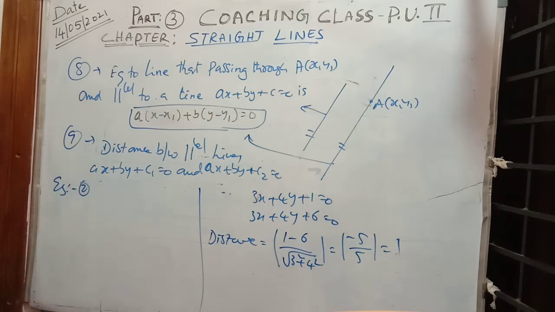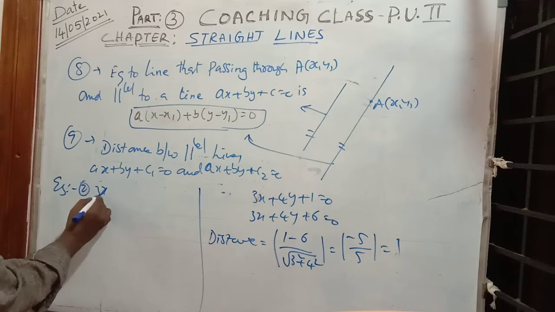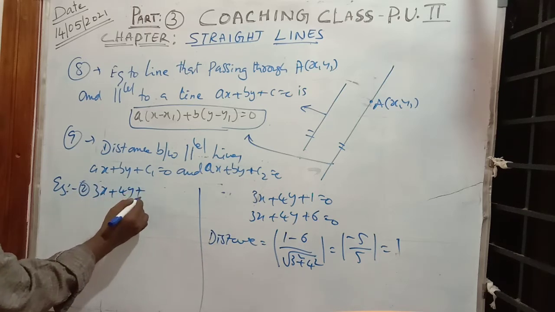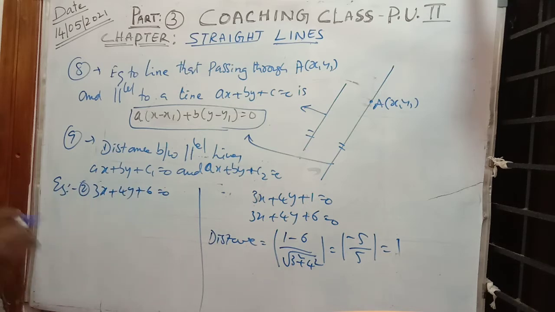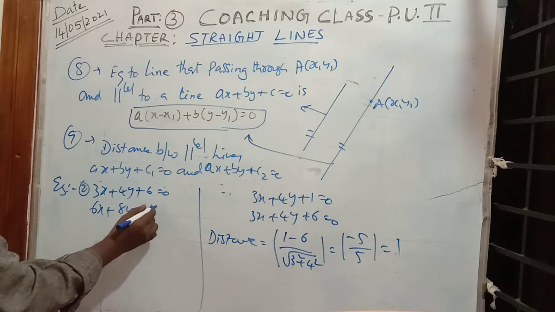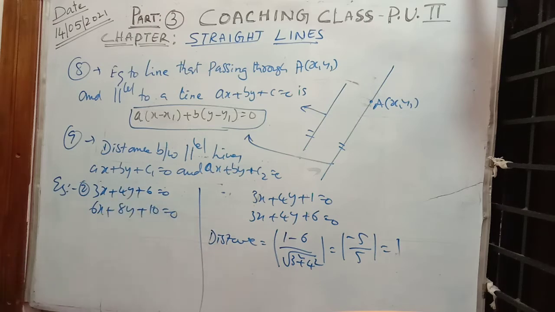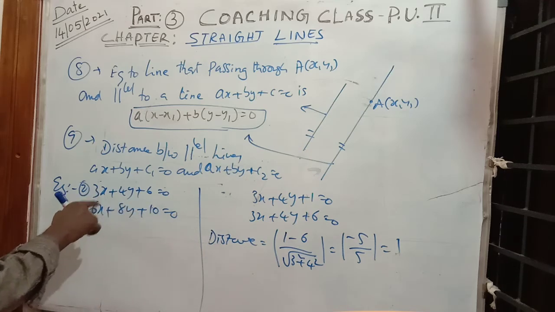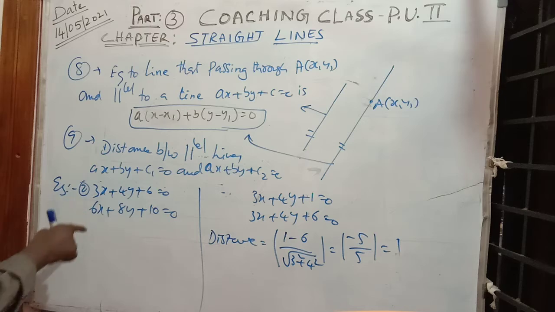Suppose it is another example. 3x plus 4y plus 6 is equal to 0. One line is there. Next, 6x plus 8y plus 10 is equal to 0. Here, by appearance, the two lines are not parallel because the coefficients of x and y are different.